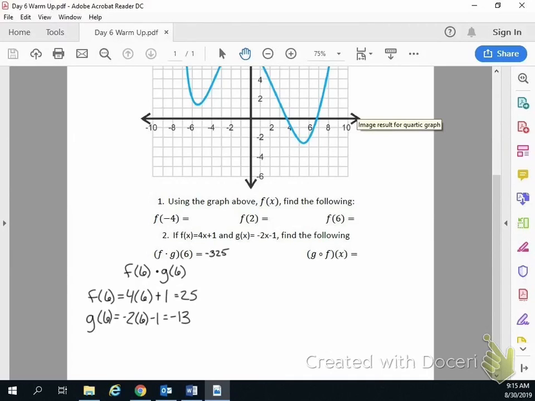On the next one, get my little highlighter here, is this little symbol the same as this? No. This is telling me to do what? Or how did we rewrite it? Whenever we had the notes, I would rewrite that. Okay. So I am always going to rewrite that as g of f of x.